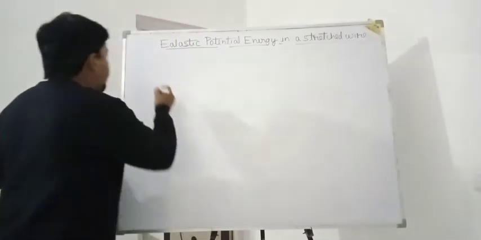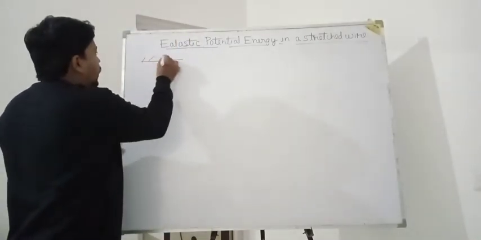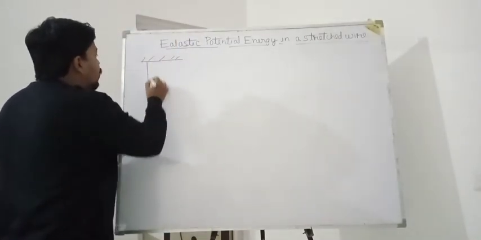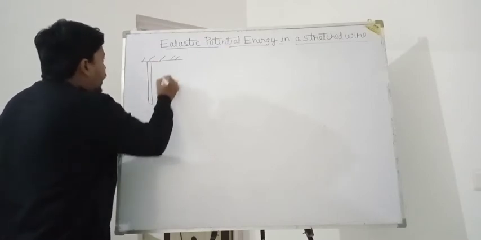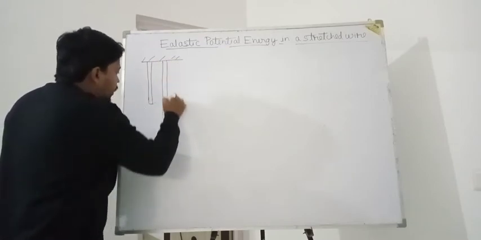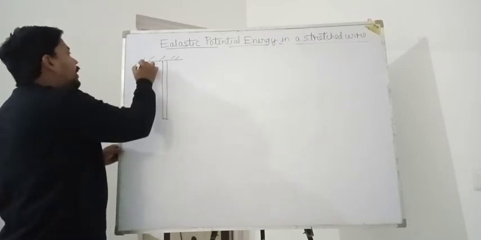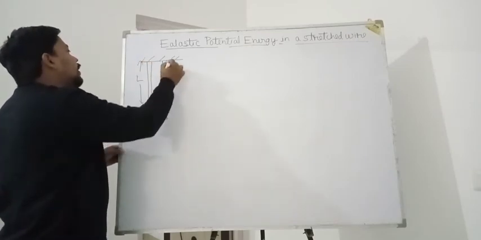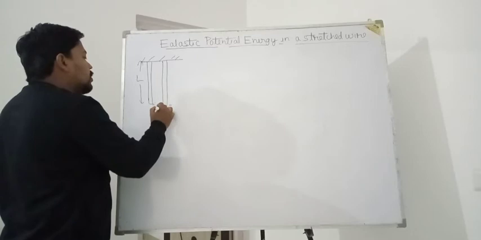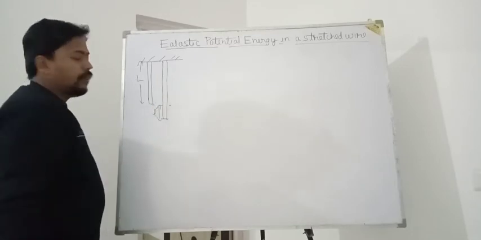If we consider this type of figure, and here is the wire, and I have extended this wire to some length. There is some increment in the length, and this is the original length. So this is small l, the length which is increased.